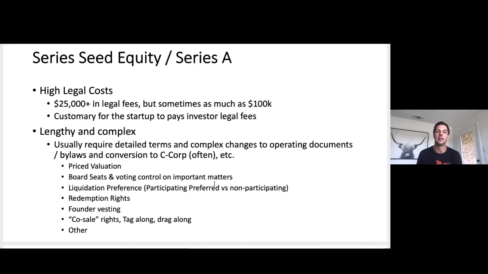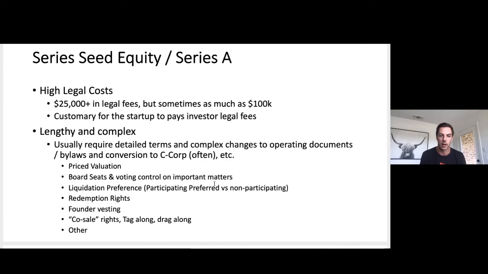Series seed and equity raises, Series A raises, are very lengthy and complex. They almost always require detailed terms, complex changes to operating documents, bylaws, conversions from LLCs to C Corps, etc. If these things aren't occurring, you're probably doing it wrong, and you're probably going to pay the price for it later.